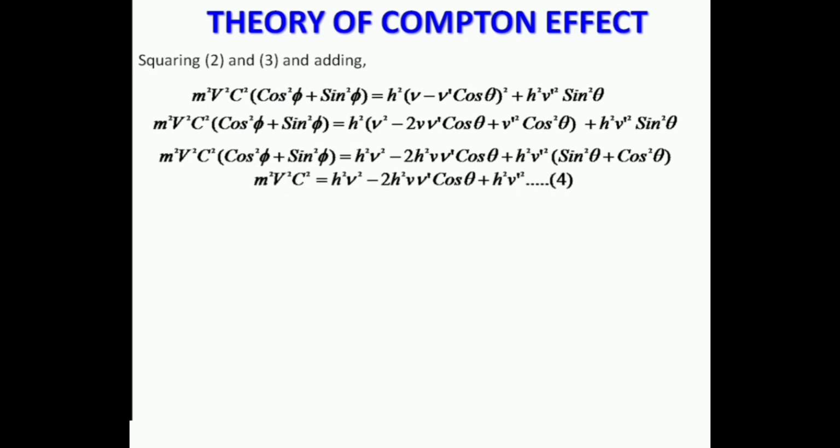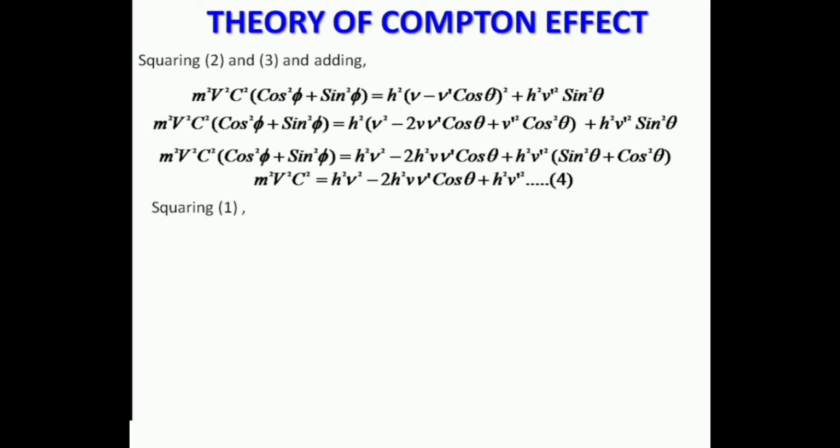As you know, cos square phi plus sin square phi and sin square theta plus cos square theta equal 1 respectively. So m square v square c square equals h square nu square minus 2h square nu nu prime cos theta plus h square nu prime square, which is equation 4.